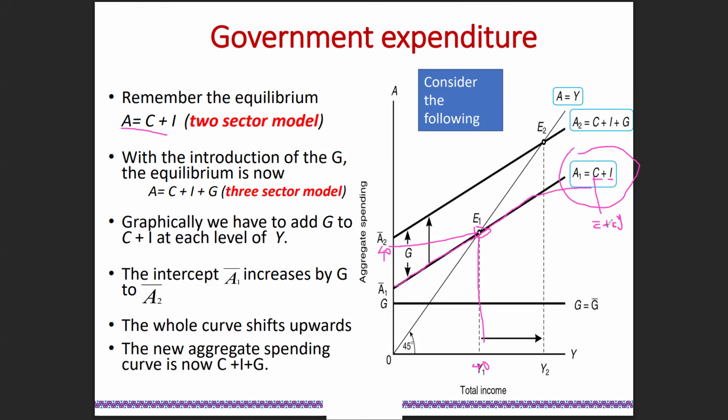So this is autonomous. And let's say this autonomous is 40. Oh no, let me not say 40, because I already have 40 here. So let me just say this is 20. Okay, let's say this autonomous consumption is 20, right?